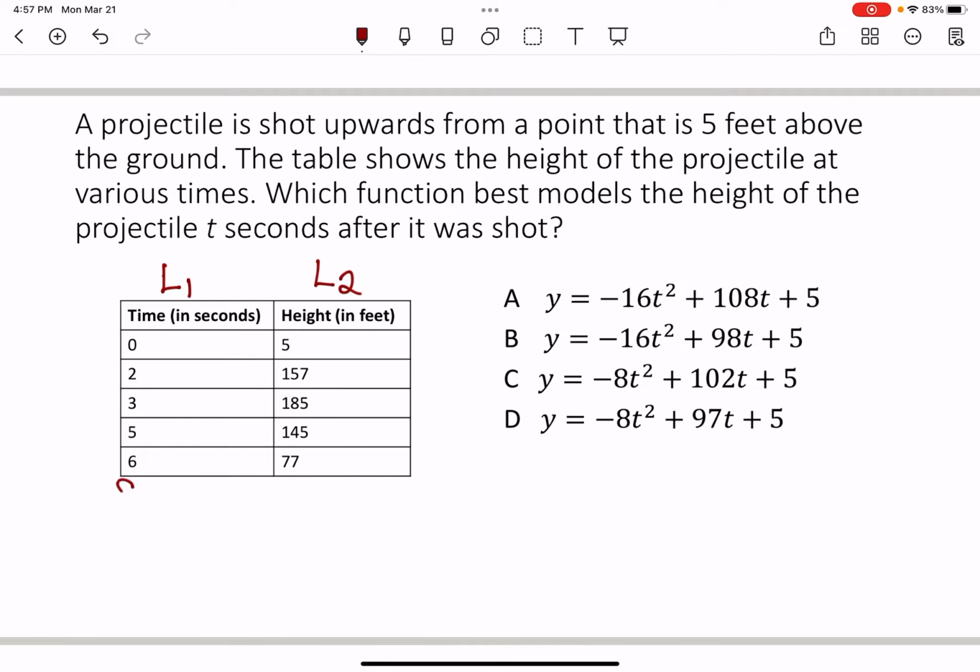To enter these numbers, remember you click Stat and then Edit, and enter these into L1 and L2.